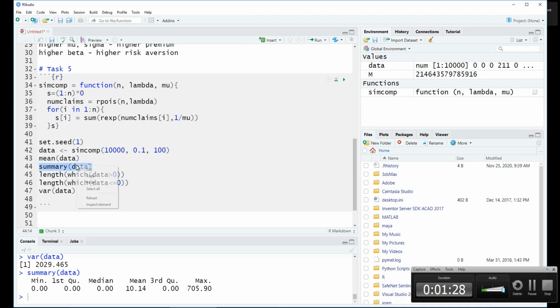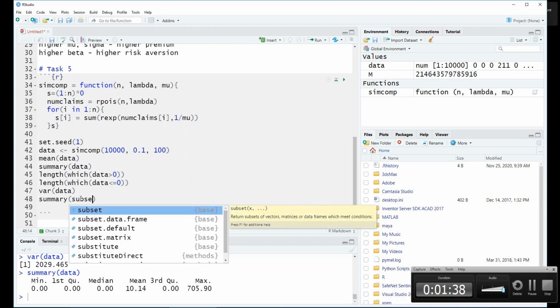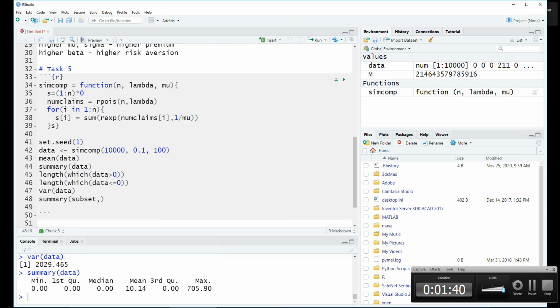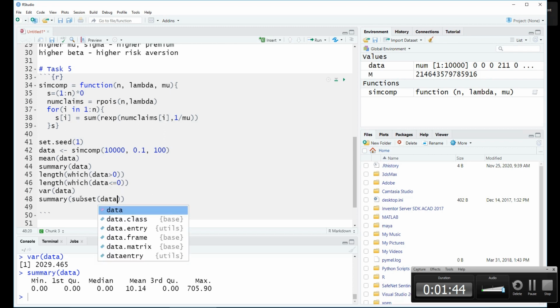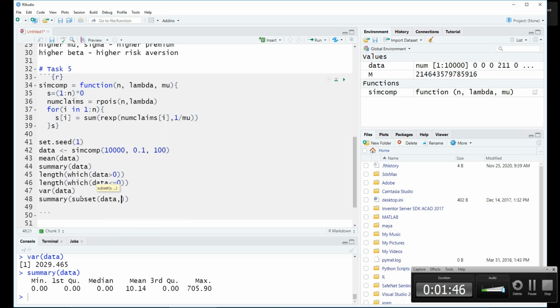So let us also recalculate the summary using the subset of our data, using the subset of data which is more than 0.